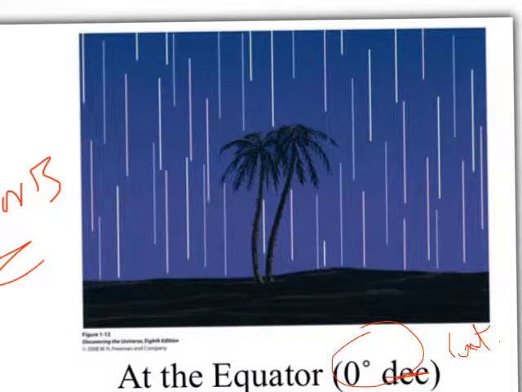So if you're at the equator, this is where I get to ask, where is the North Pole? Or, if you're at the equator, where is Polaris? Let's pretend we are facing due east.